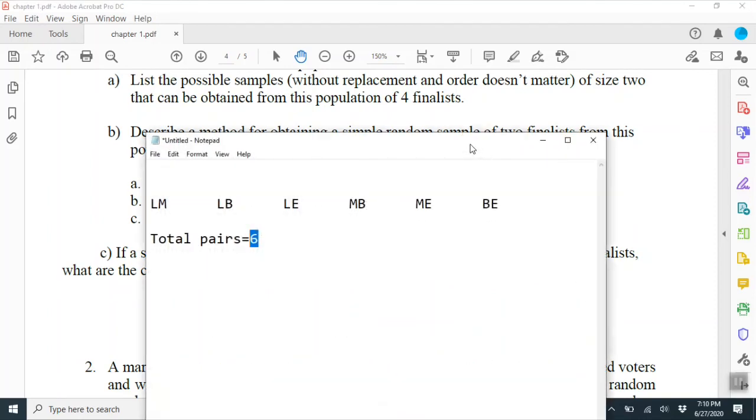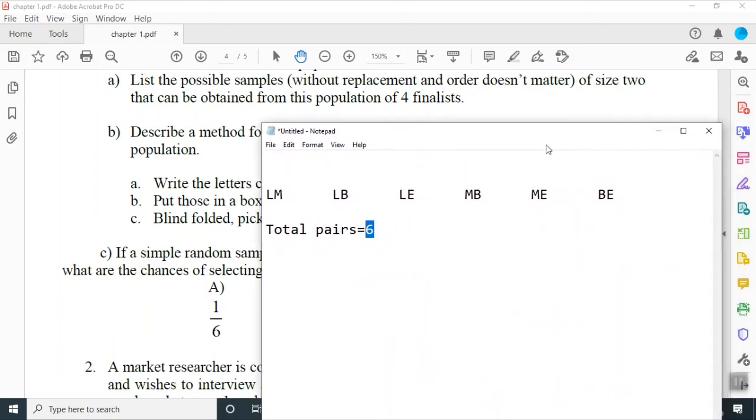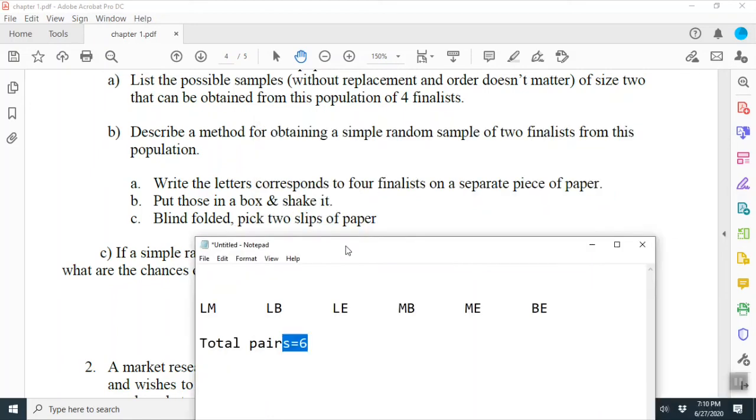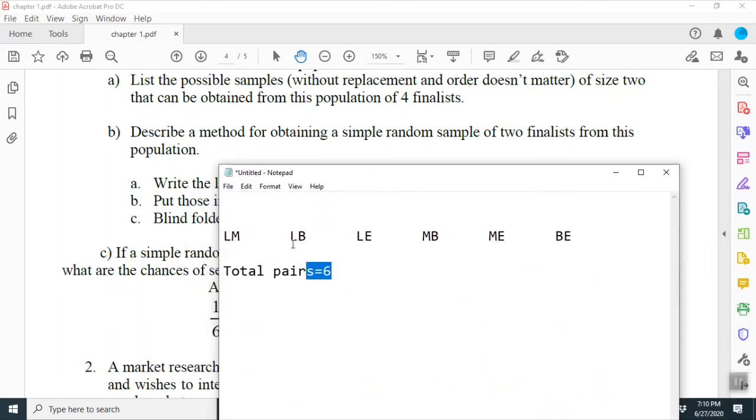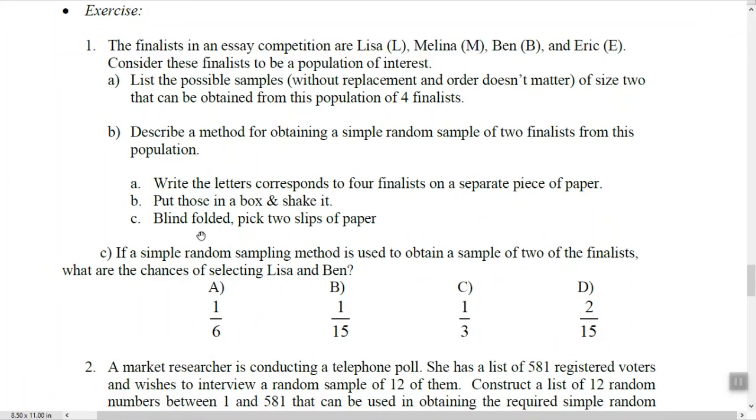See, LB, we have one pair out of how many? Out of 6 pairs, including that pair. They asked for Lisa and Ben, which means LB out of 6, so that chance is 1/6.